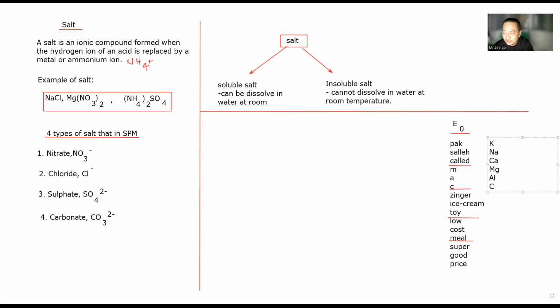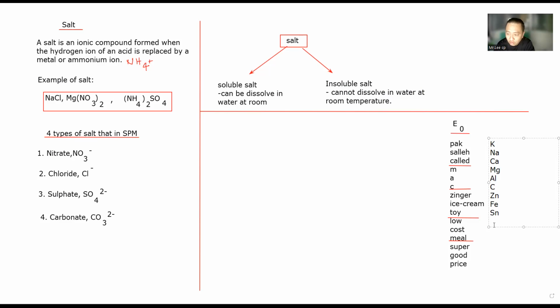Carbon is not a metal, the only one here that is not a metal. Then zinc, Zn, and iron, Fe. Toy is tin, Sn.